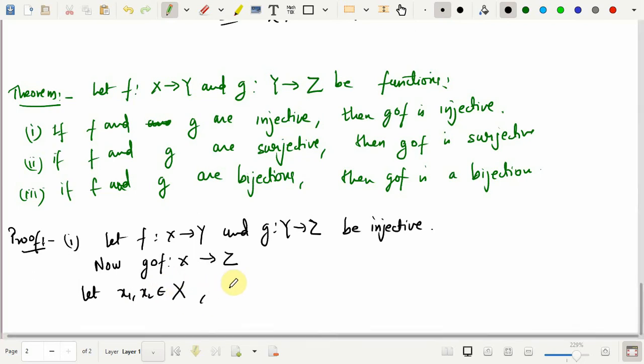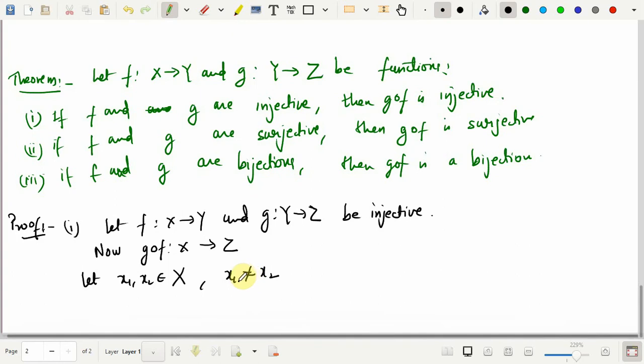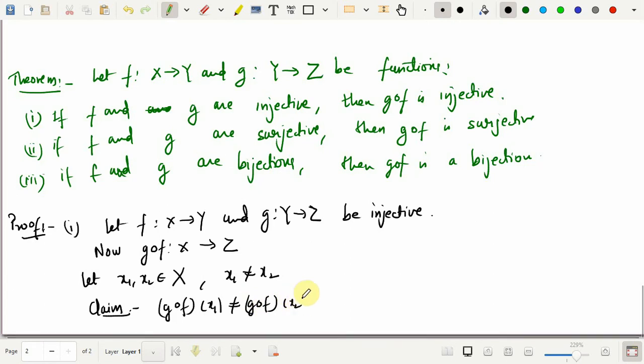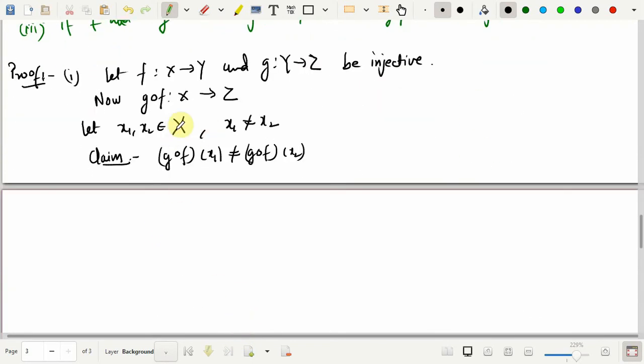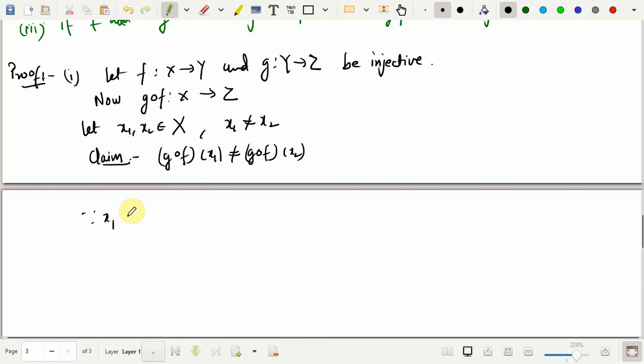What you need to show is the claim that g composite f evaluated at x1 is not the same as g composite f evaluated at x2, using the fact that f and g are both 1-1. Since x1 and x2 are points in the domain of f, I can talk about f of x1 and f of x2. Since x1 is not equal to x2, this implies that f of x1 is not equal to f of x2.